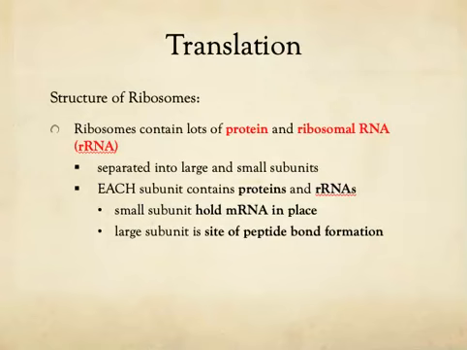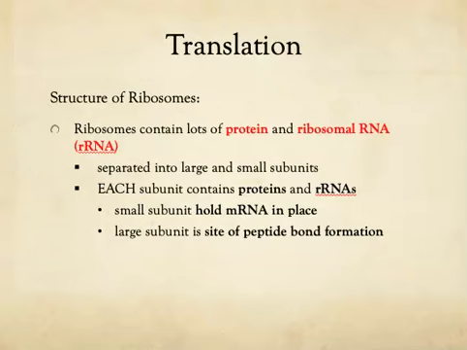Remember that ribosomes are found in all living cells, whether they are prokaryotic or eukaryotic. It's the ribosome that is the machinery of translation. Ribosomes are made out of 2 subunits, a small subunit and a large subunit. Both of these subunits contain proteins and ribosomal rRNA.